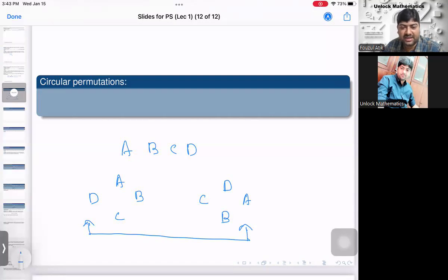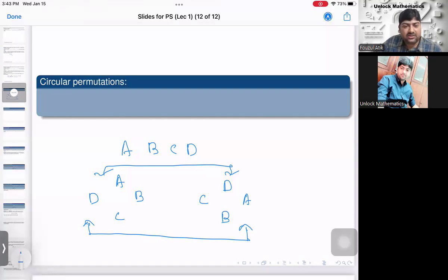No, because A and C are sitting opposite to each other, and B and D are also sitting opposite to each other. So in both cases, they are the same, right? So you cannot say 4 factorial, because this kind of arrangement is the same. So how many different ways can you make this arrangement?